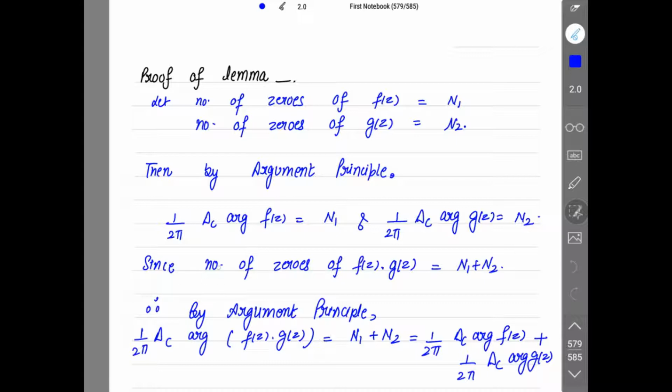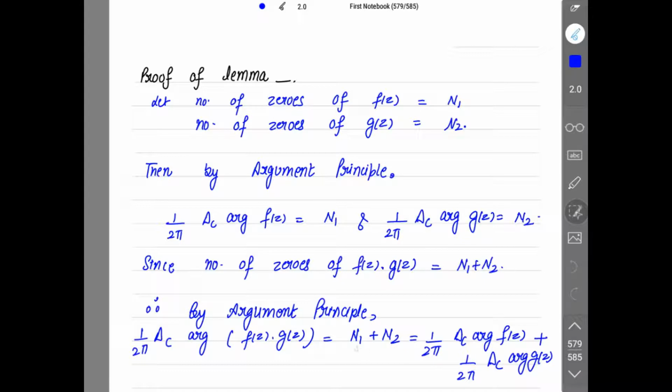Now the number of zeros of their product f(z) g(z) is n1 plus n2. I have explained why this is equal to n1 plus n2. So again by the argument principle applied on the product, 1 over 2 pi delta C argument f(z) g(z) is equal to the number of zeros, that is n1 plus n2.